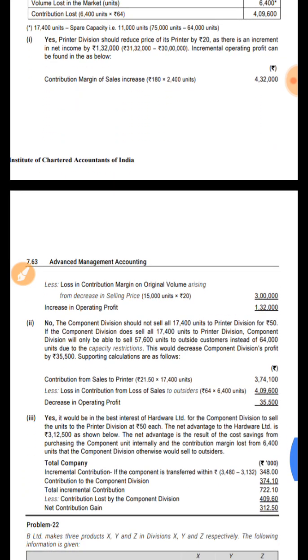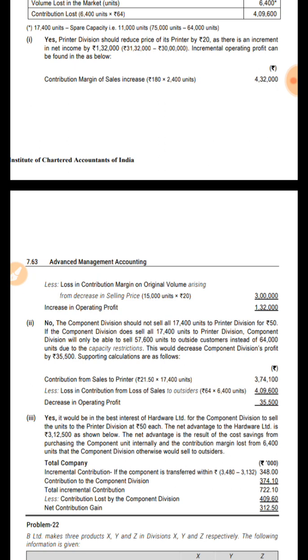No, the component division should not sell all 70,400 units to the printer division for ₹50. If the component division sells to the printer division, it will only be able to sell 57,600 units to outside consumers instead of 64,000 units due to the capacity restrictions. This would decrease the component division's profit by 35,500.